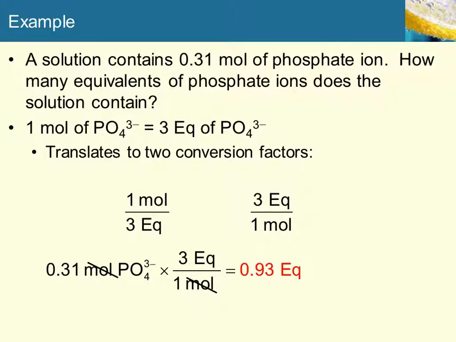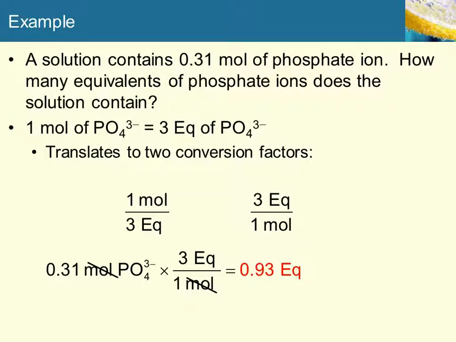So here a solution contains 0.31 moles of phosphate ions. How many equivalents of phosphate ions does the solution contain? So 1 mole of PO4 3 minus, and I got that from table E in my reference tables, is 3 equivalents of potassium ions.